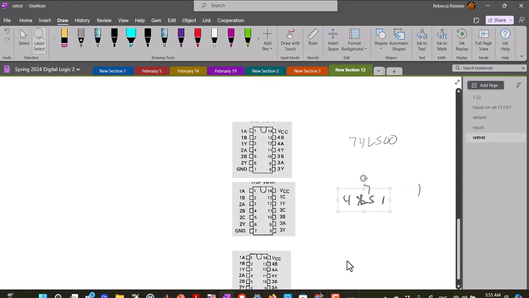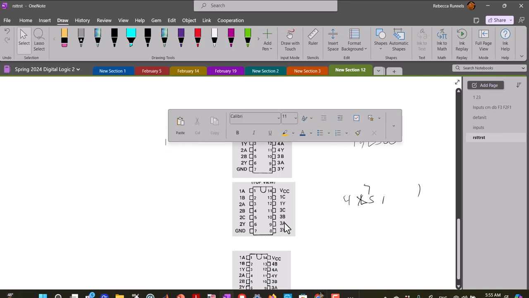The X just means it could be any number of different things. These are LS.